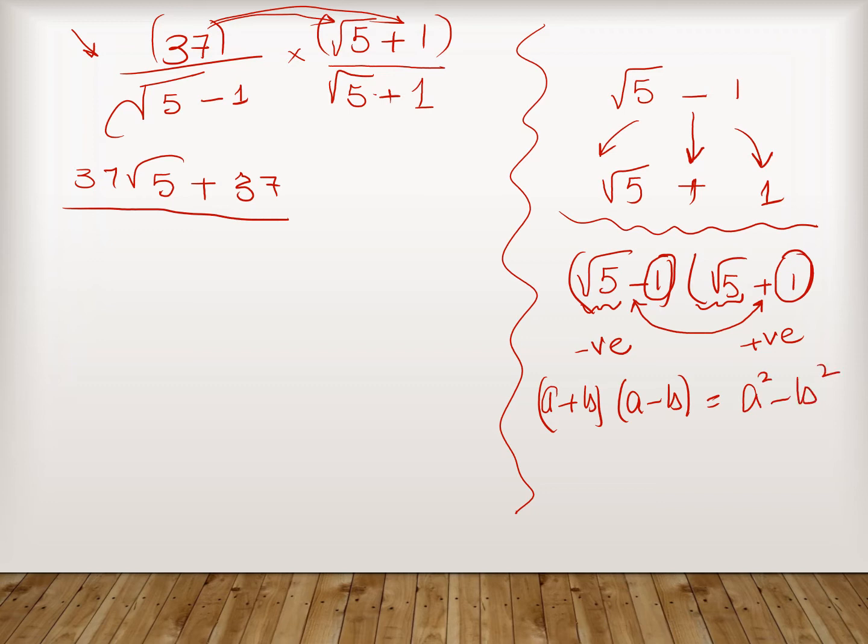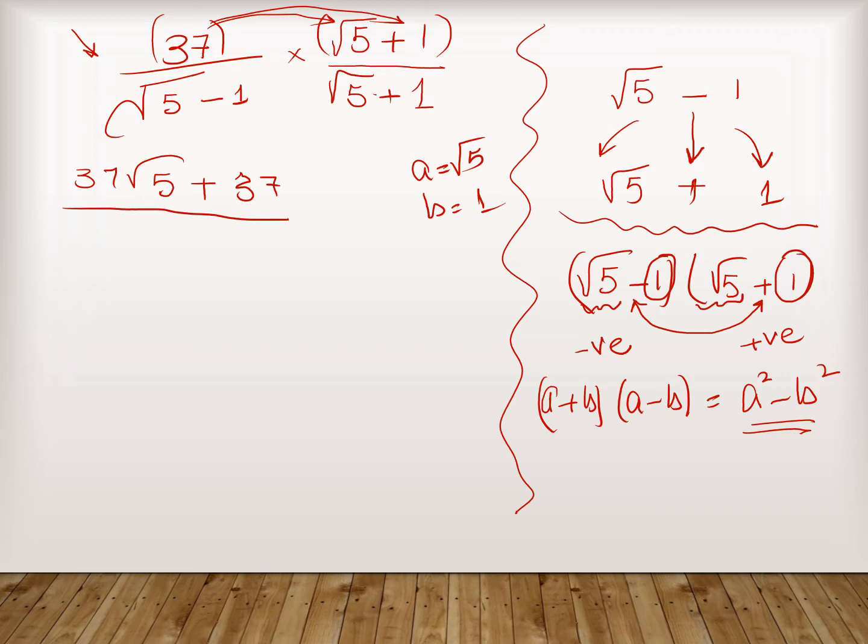Practically, they have opened it with the distributive property, simplified, and in the end this is the result they get. So rather than opening and wasting your time, you directly apply this formula. Here a is the first term, that is square root 5, and b is 1.